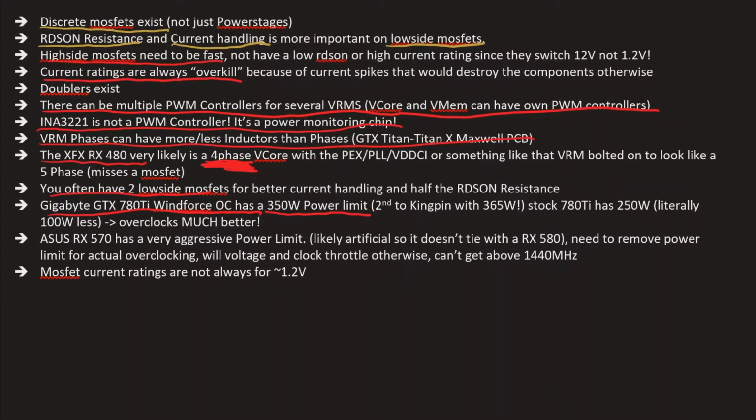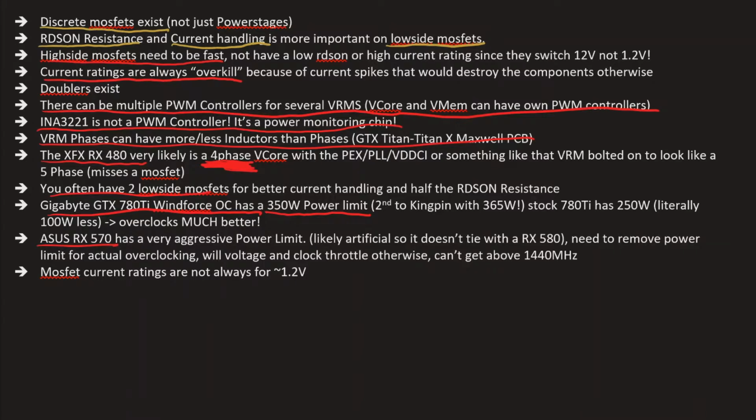Then, another thing, my ASUS RX 570 Expedition 4GB. It is not good for overclocking, as are most second-to-flagship cards from AMD.